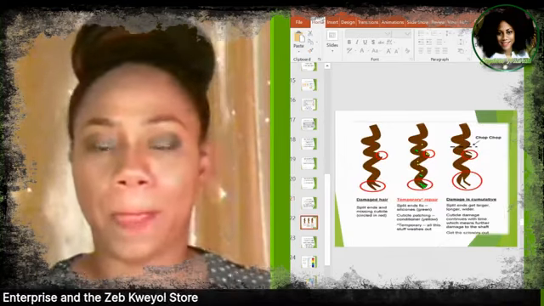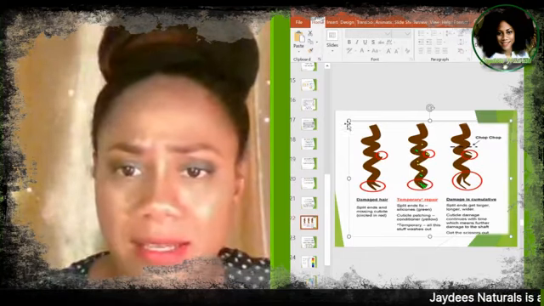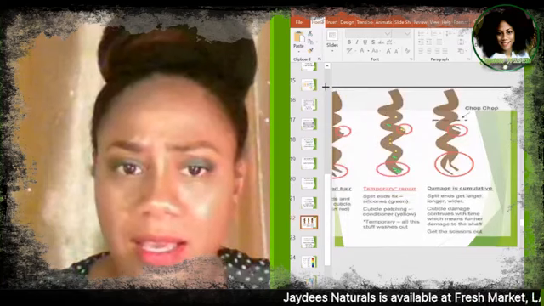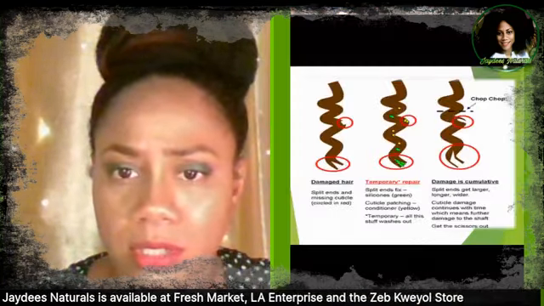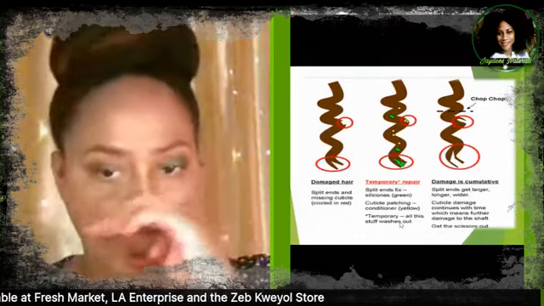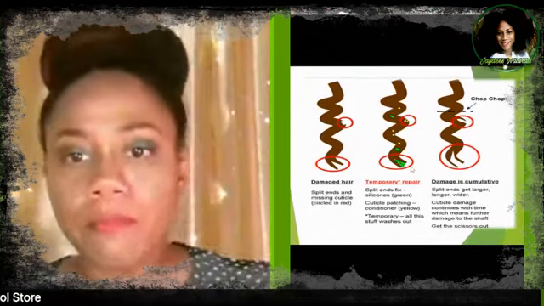Now, if I can explain, I hope you all can see this a little clearly. This is a picture of damaged hair and what protein treatment does for hair.